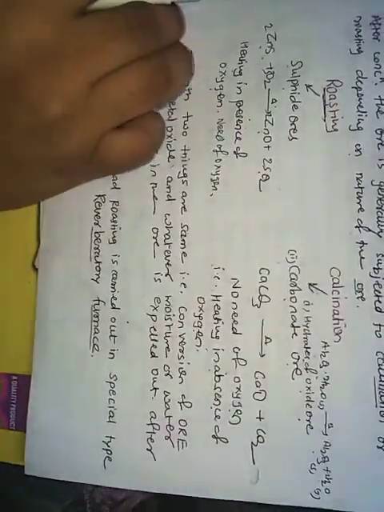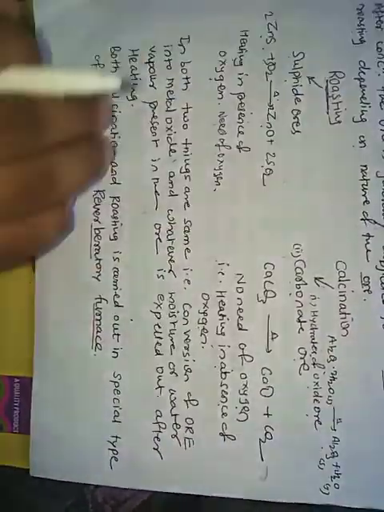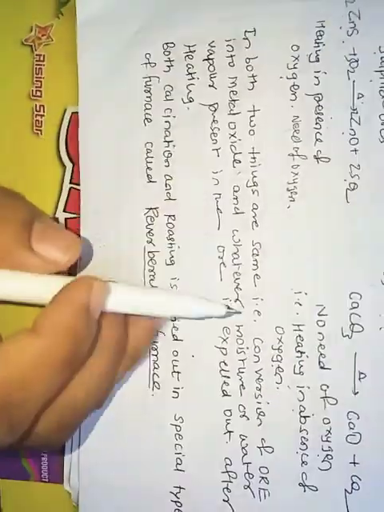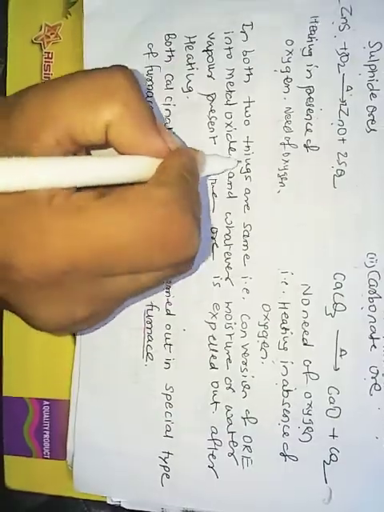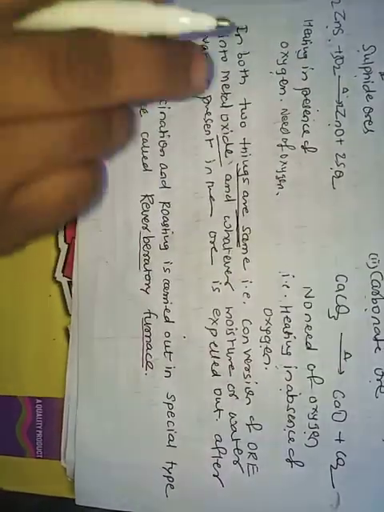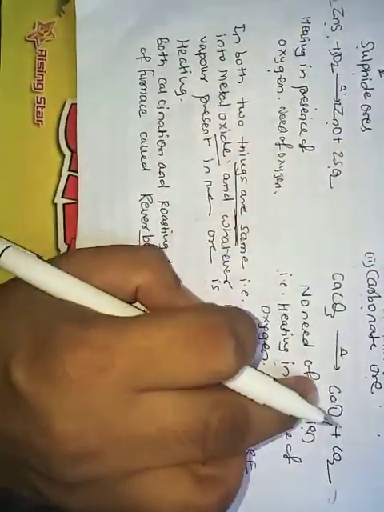This is the important definition of calcination and roasting. In both roasting and calcination, two things are the same. The first is conversion of ore into metal oxide. Anyhow, we have to convert into oxides.